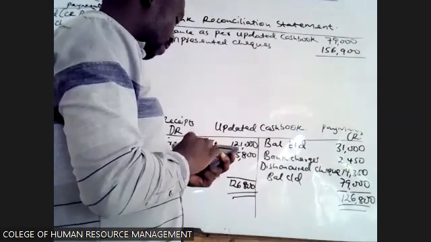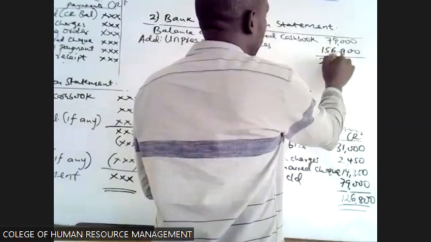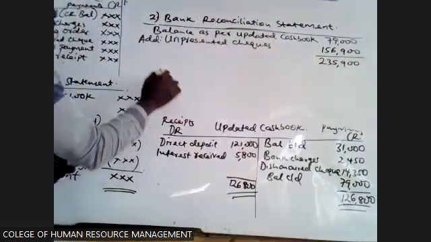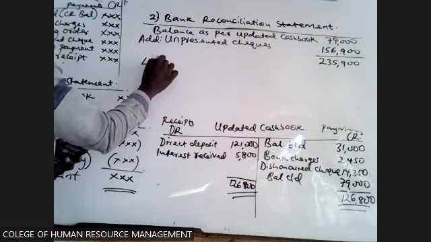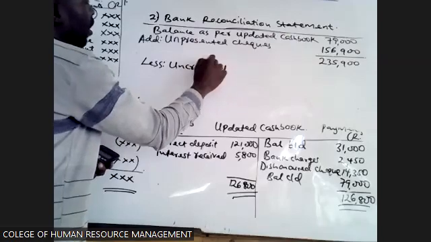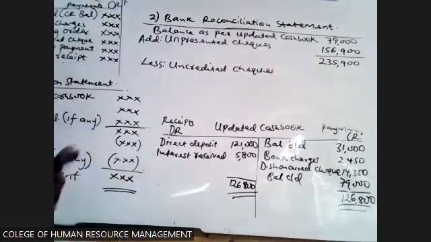Plus 79,000, I'm getting 235,900. So that figure now you will simply come here and less the uncredited checks. Roman 3. Checks deposited, 201,300, had not yet been reflected in the bank statement.